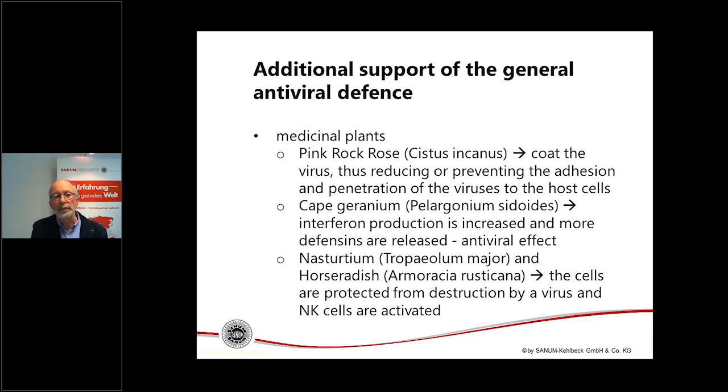Its original home is southern and eastern Europe. The root is used. The main active ingredient is the mustard oil glycosides contained in the plant. Both have an antibacterial and antiviral effect. The cells are protected from destruction by a virus, and natural killer cells are activated.